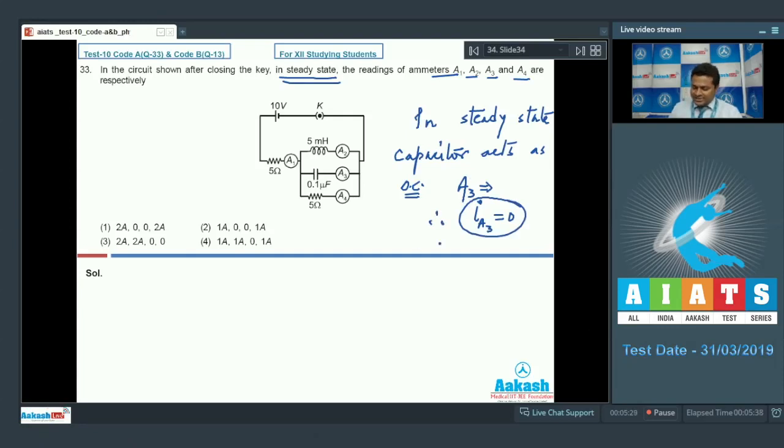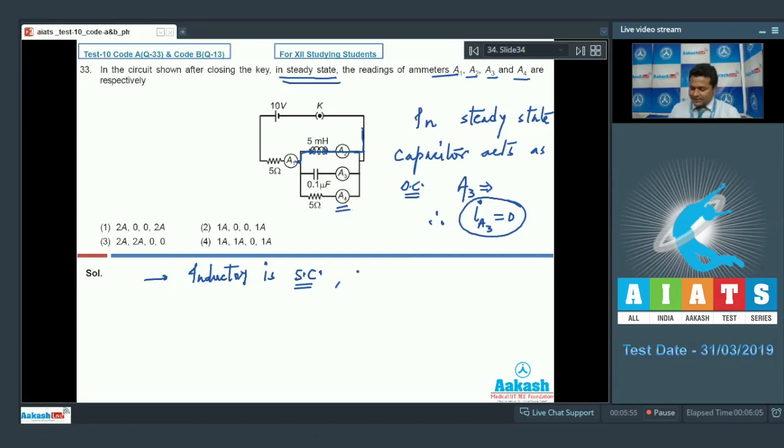Now, during steady state, the inductor is short circuited. It means all the current coming from the battery through A1 will pass through the inductor. This provides the reading of A4 as 0.